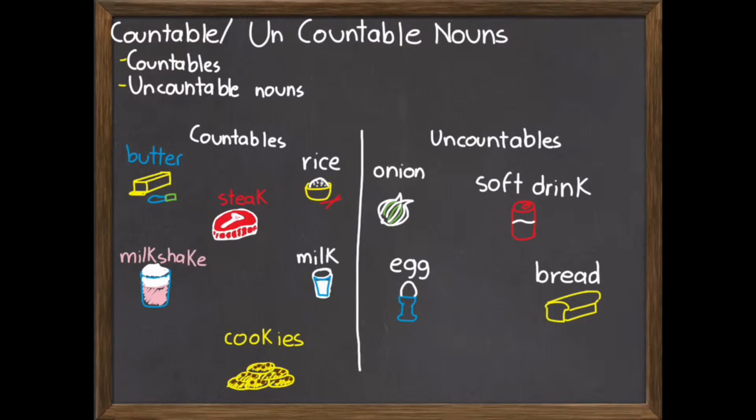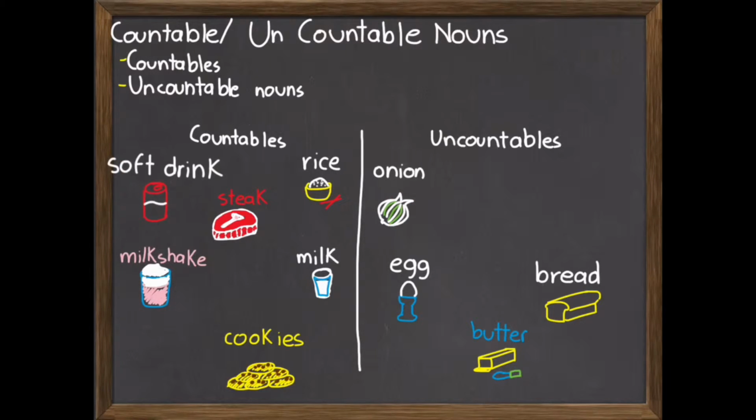Can we count butter, or can we use a or an before butter? No, so it goes with uncountables. Now, what about a soft drink? A soft drink. We can use a or an before this word, so therefore it's a countable word.